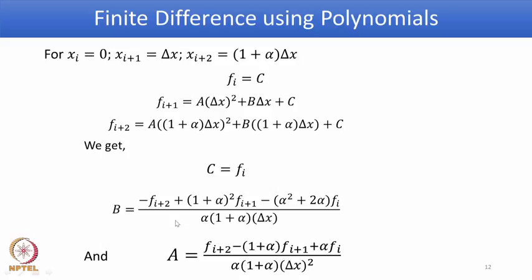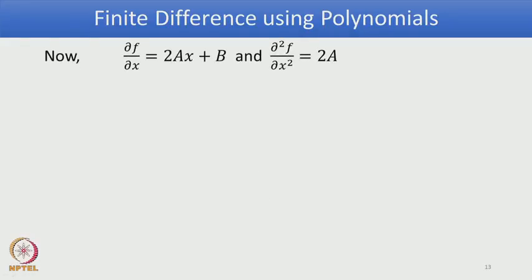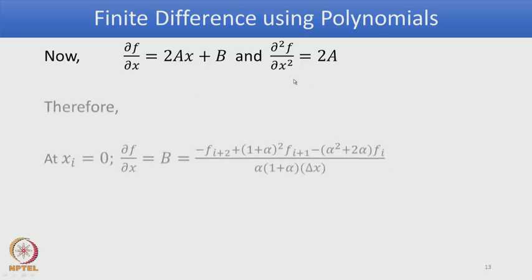So, we use these values c, b and a and substitute in the polynomial expression that we have considered, and if we are interested in the first derivative, then it gets reduced to 2 a x plus b. If you are interested in the second derivative, it gets reduced to 2 a. So, we substitute for a and b, and substitute for a here.